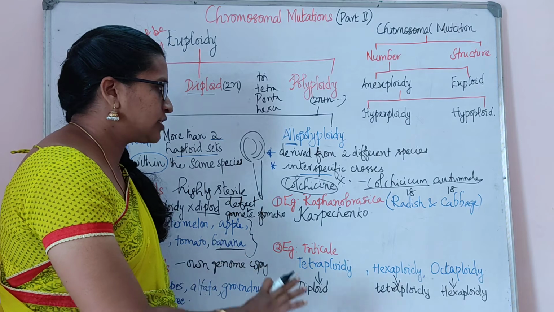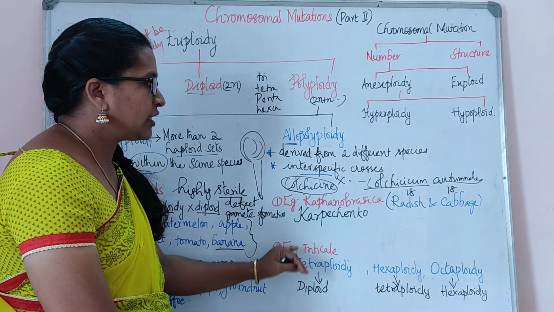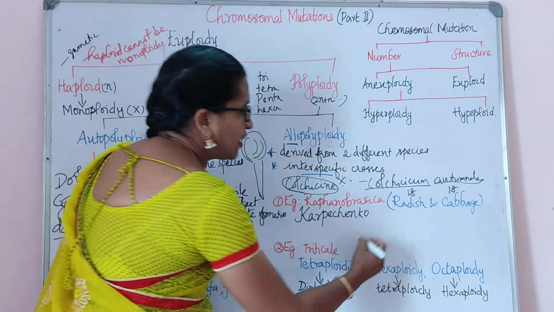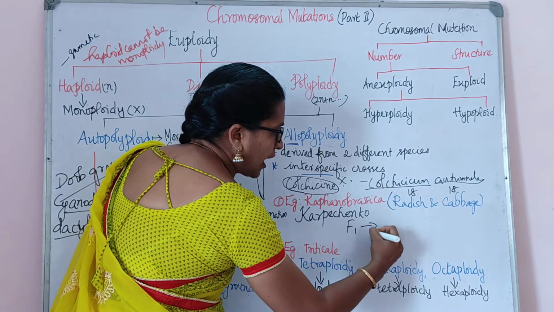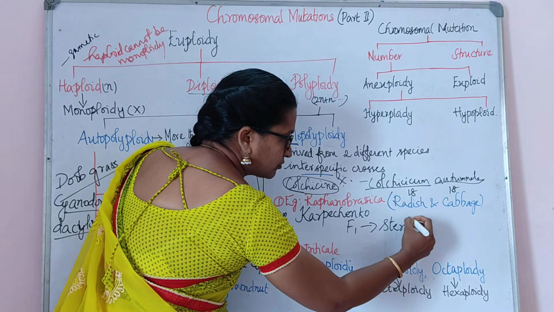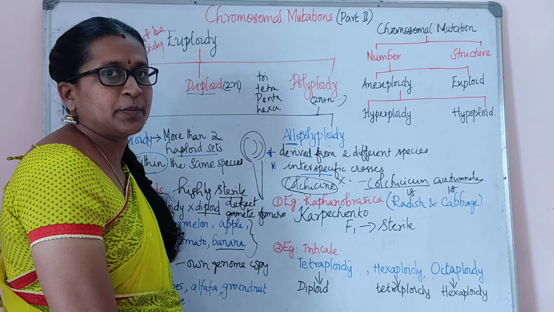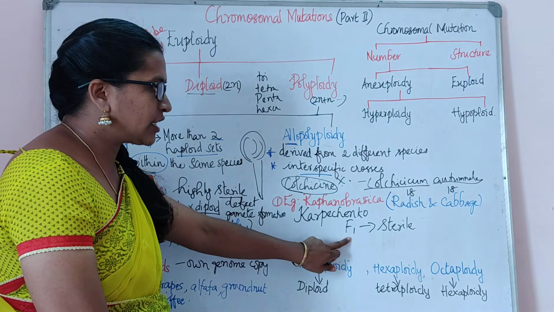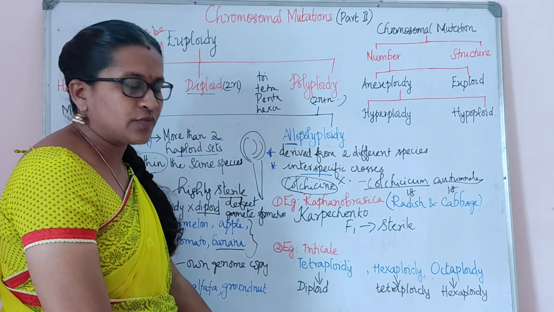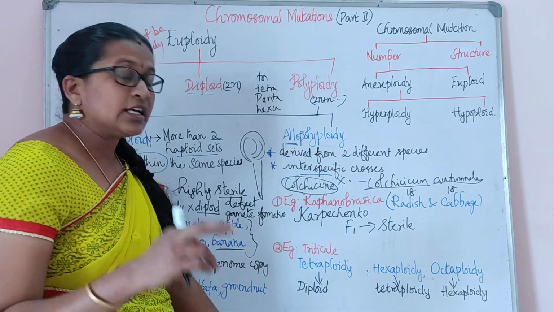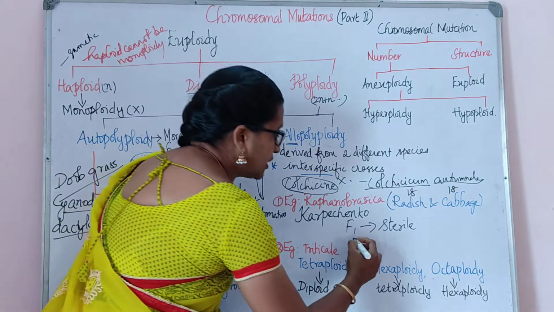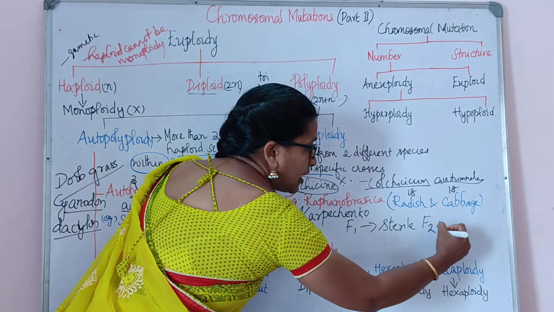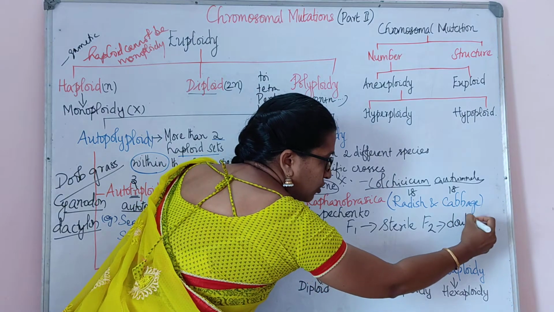He found it to be a failure. But the cross is perfectly good, and what he saw is that in the F1 generation all the hybrids were sterile. The important thing in this experiment is that in the F1 generation all the plants were sterile. In the F2 generation, he doubled the chromosomes.